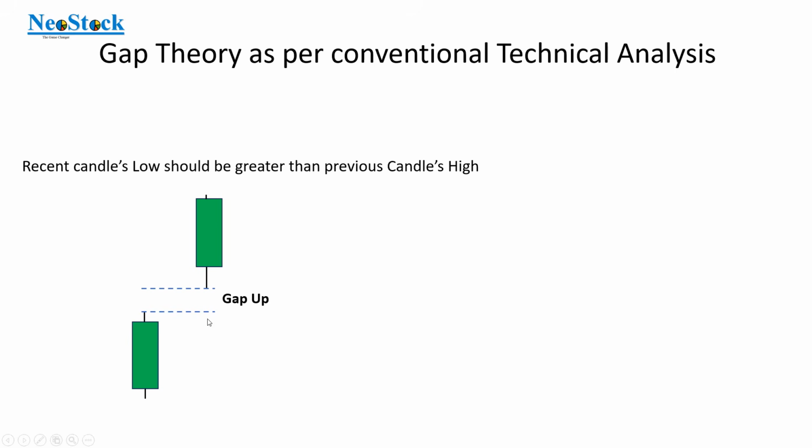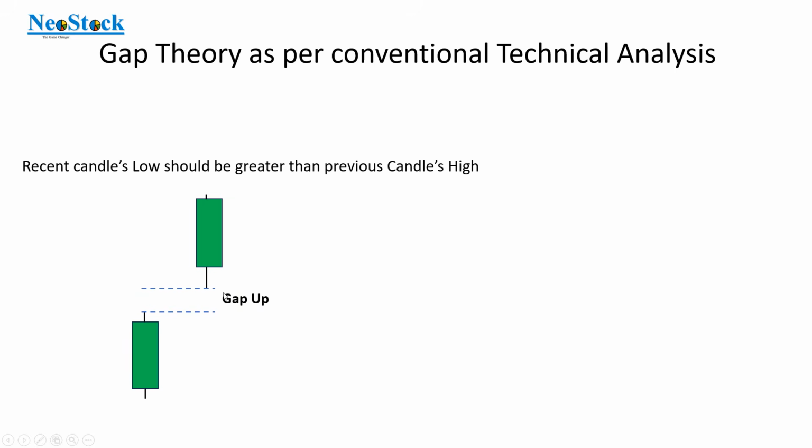That means the prices are opened with a gap towards the up direction. And during the entire recent candle, we maintain the gap. So that's why this gap area is called gap up.